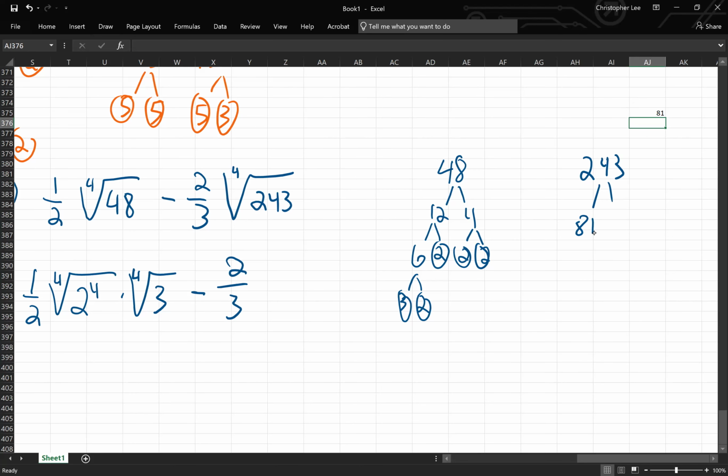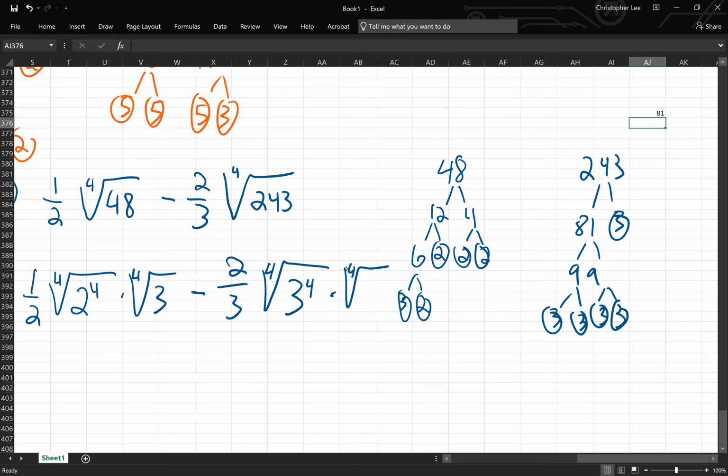So 81 and 3, 9 and 9, 3, 3, 3, 3. So that's just 3 to the fifth power. So I'm going to separate that. This is going to become the fourth root of 3 to the fourth times the fourth root of 3 to the 1 power. Why did I do that? Because I want to knock out the radical with its index.